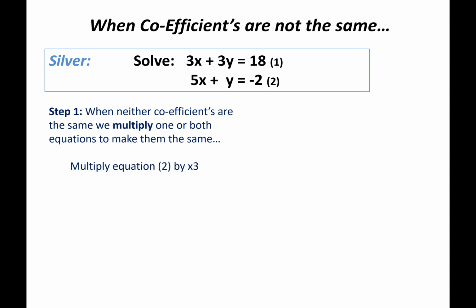In this case, we're going to multiply equation 2 by 3. This gives us 15x plus 3y equals minus 6. We're going to call this equation 3.